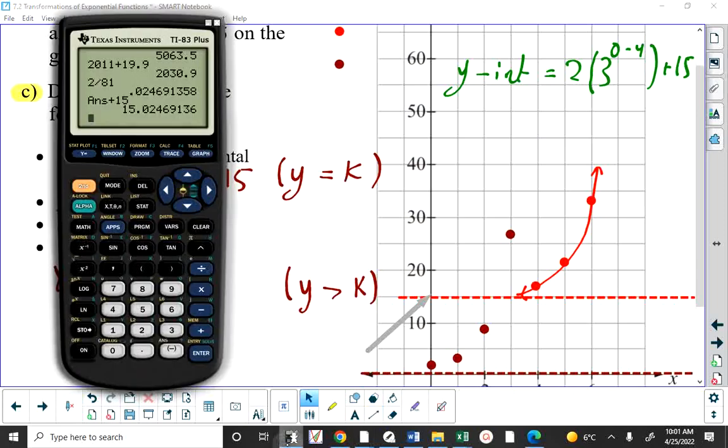By the way, as a fraction, and you can let me know if you're getting the same thing, 1217 over 81. When you put that into your calculator, 2 times 3 to the negative 4, then plus 15.